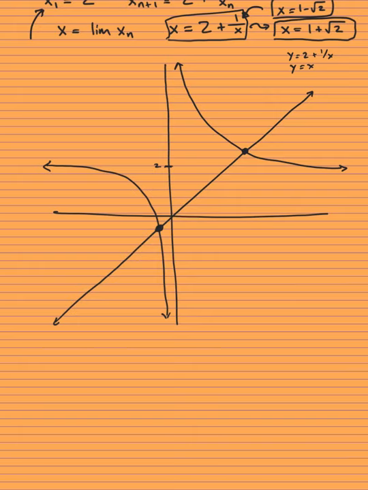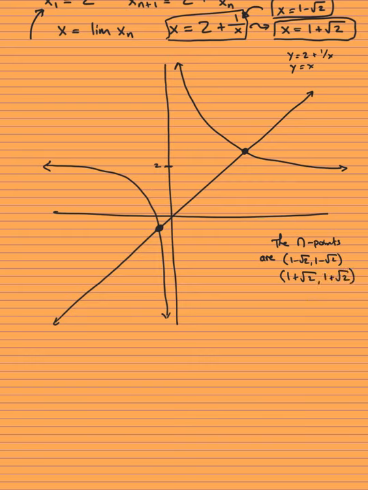So I know exactly what the points are. The intersection points are (1 minus square root of 2, 1 minus square root of 2) and (1 plus square root of 2, 1 plus square root of 2).